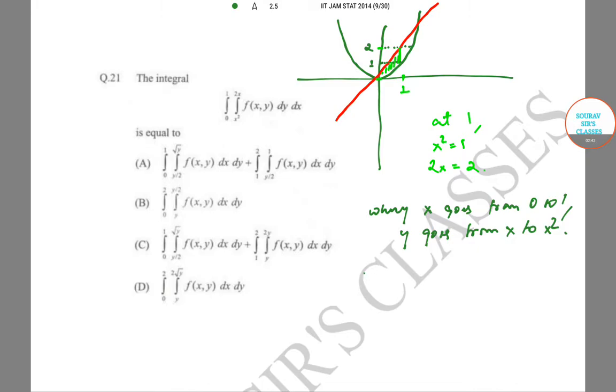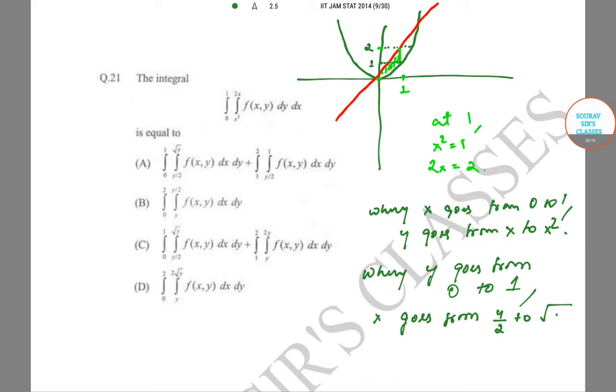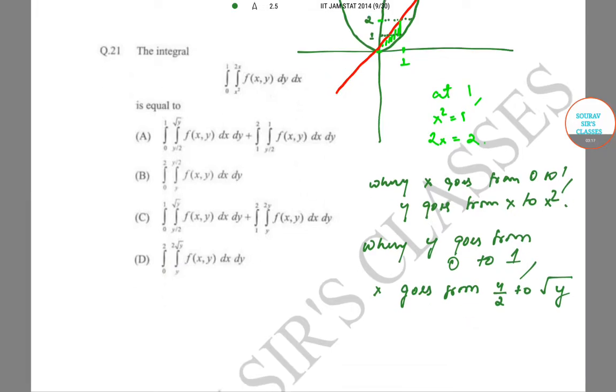So when y goes from 0 to 1, x goes from, as we can see here, this line is y equal to 2x, so x equal to y by 2, and this line is y equal to x square, so x equal to root y.